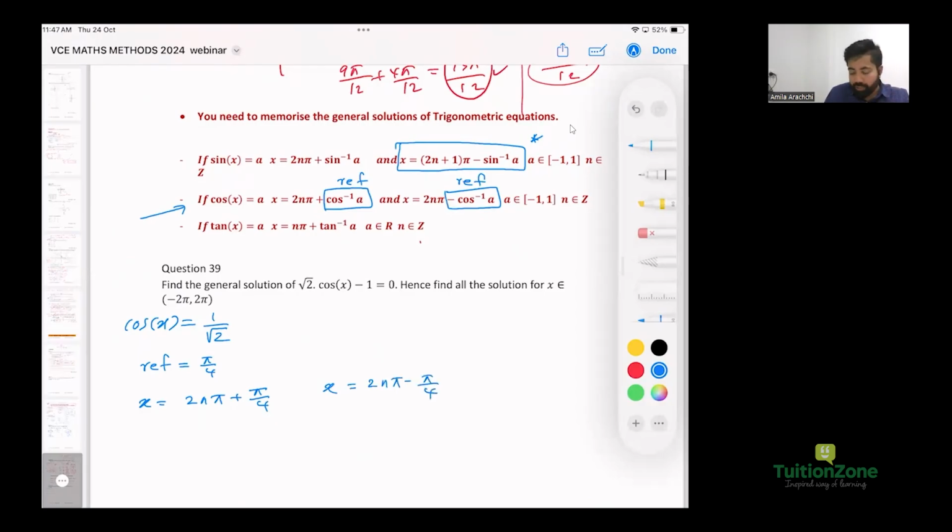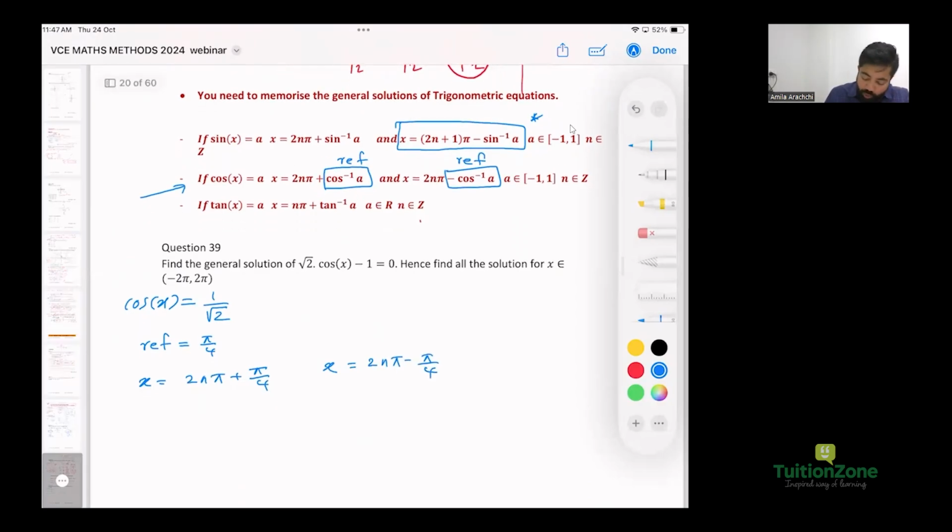We got two equations. Can we simplify? Get the common denominator. 8n pi plus pi over 4, or 8n pi minus pi over 4. So we found the two answers, and this is what we call the general solutions.